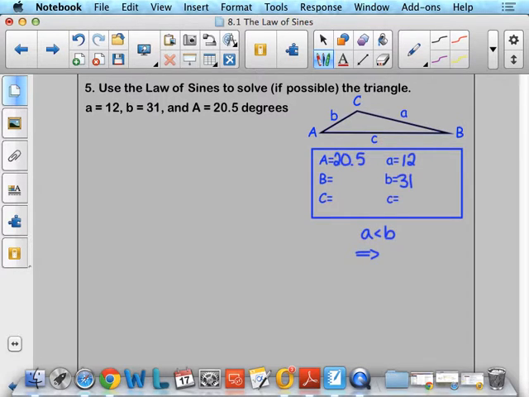So this means that there are 2 or none. Okay, so if we start by solving for angle B, we're going to have a, which is 12, over sine of A, equals b over sine of B.